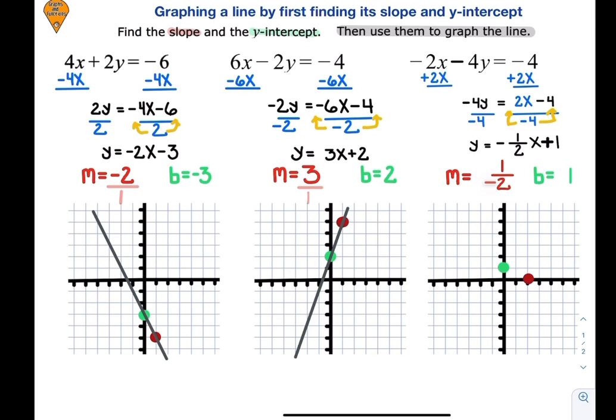If I decided to move the negative to the denominator, I would still begin at 1, but rise 1, up 1, run negative 2, left 2. You can see either way I go, I'm going to still have the same line when I connect the dots.